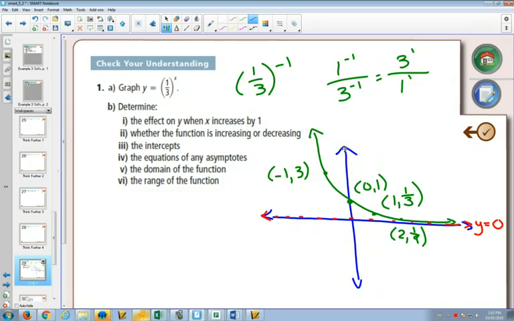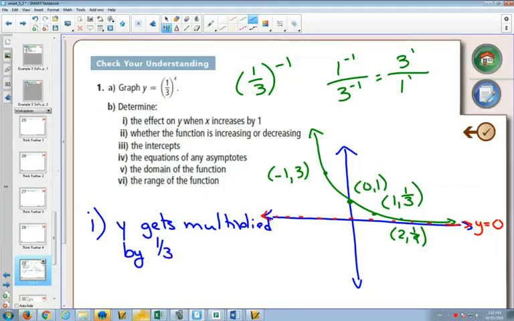So what happens every time x increases by 1? Y gets multiplied by 1/3. So every time you add 1 to x, you're going to multiply y by 1/3. As a result, this function is decreasing. It's going down.